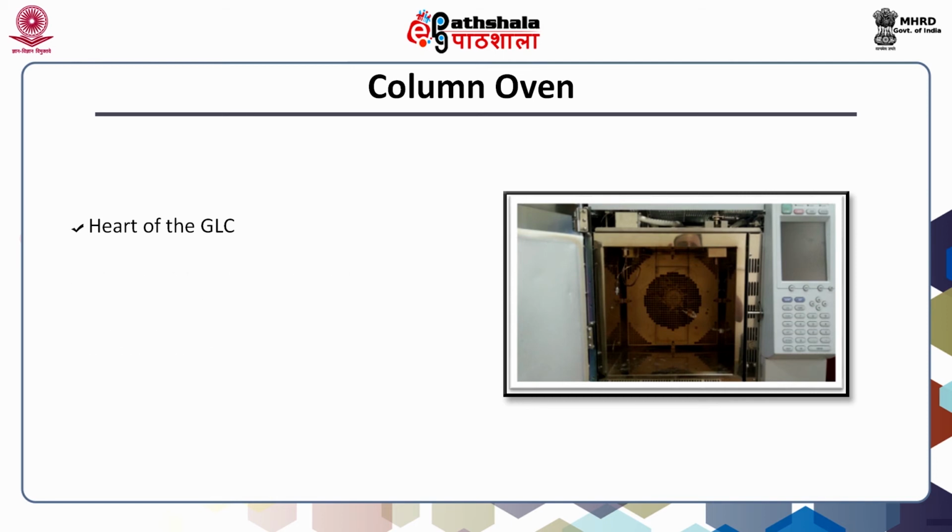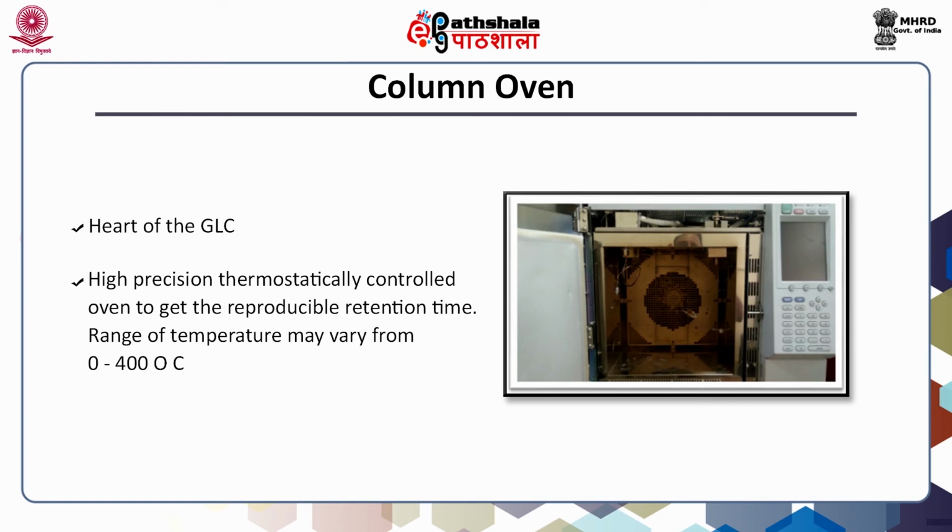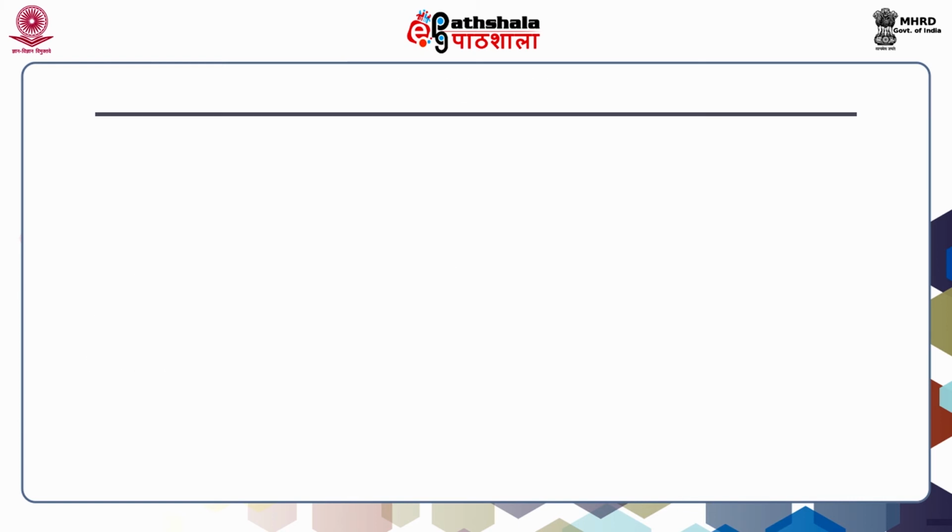A high precision thermostatically controlled oven is a requirement of any gas liquid chromatography, and to have reproducible retention times and reproducible results, the control of temperature should be very precise. The temperature ranges from 0 to 400 degree Celsius, that means this oven can maintain a temperature from 10 above ambient to 400 degree Celsius. After this, we will discuss the detectors.